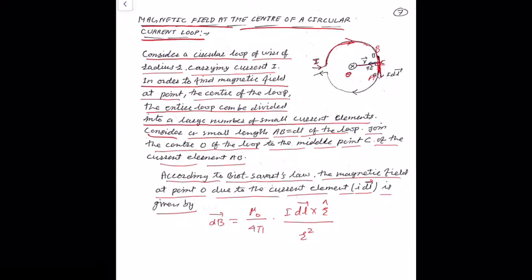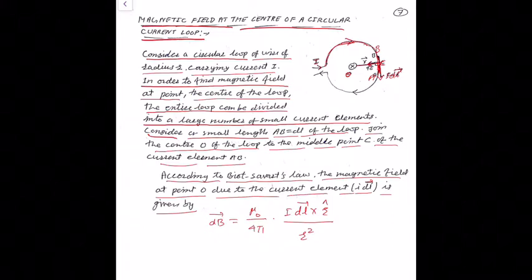Here in the diagram, current element I dl is tangential, where I dl is a vector in the direction of flow of current through AB and r cap is a unit vector along CO. Here in the diagram, unit vector along CO.